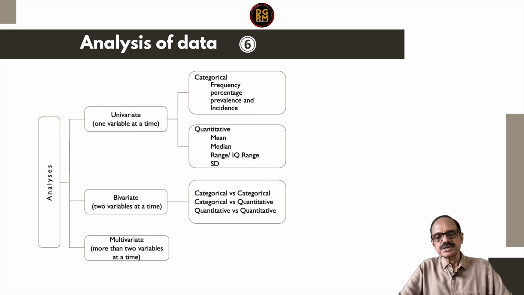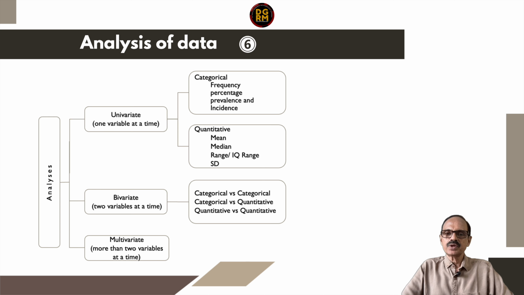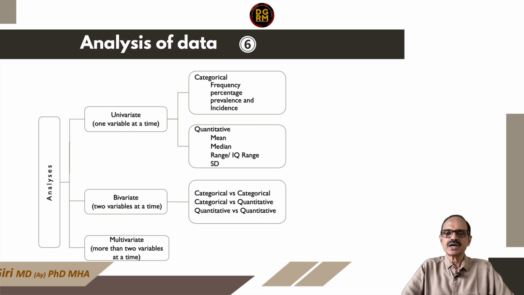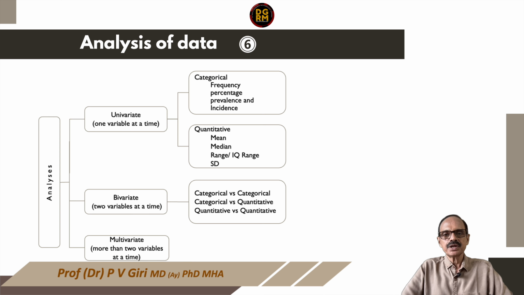The data we get may be univariate, bivariate, or multivariate for analysis. The univariate data may be categorical or quantitative. In categorical, we can analyze frequency, percentage, prevalence, incidence, like that. In quantitative analysis, we can do mean, median, mode, interquartile range, and standard deviation.